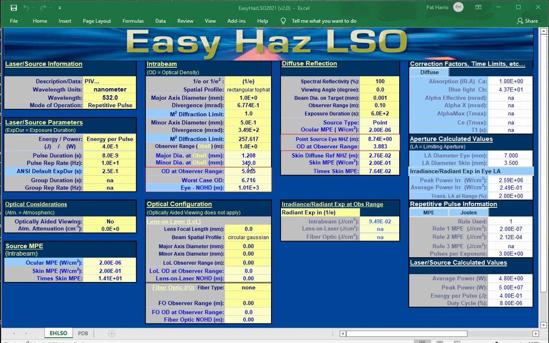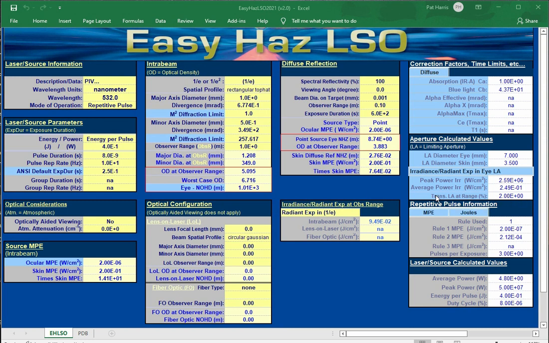Okay, so the OD at the observer range is reported here. The worst case OD is 6.7, but that's not going to happen. You can't get all this light in your eye through the limiting aperture. You can only get part of it because, remember, we're spreading it out, right? So if we said we were looking at 1 meter, how much would we be transmitting?